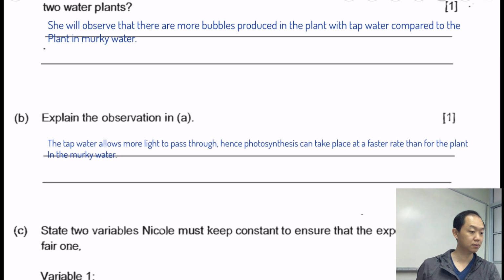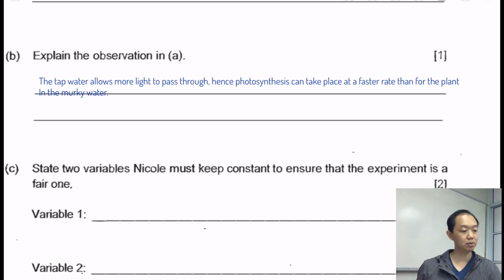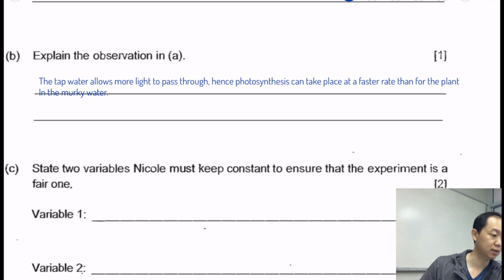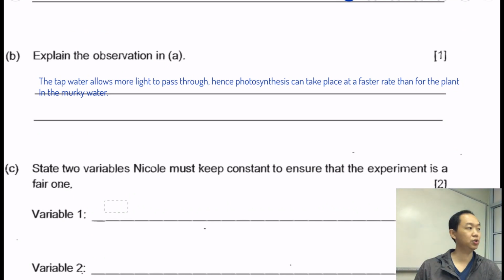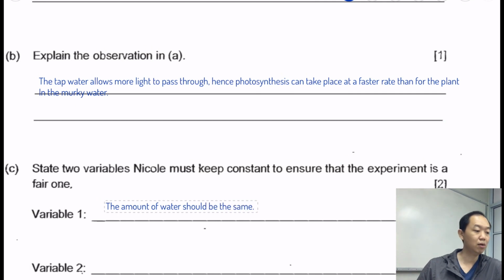Next one. State two variables which Nicole must keep constant to ensure that the experiment is a fair one. What should she do? Okay, remember we said that there are other variables that could change the rate of photosynthesis. So the amount of water should be the same. Why?